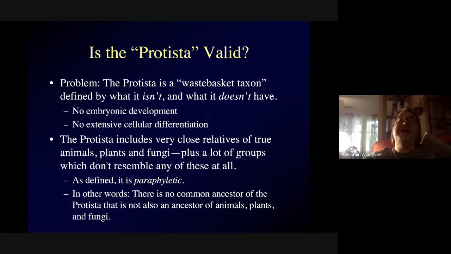And the protista, as it's been defined, includes organisms that are very closely related to true animals and true plants and true fungi, plus a lot of groups that aren't anywhere close to these and don't resemble them at all and don't even resemble each other very closely. And as we have protista defined, it's paraphyletic, meaning that the last common ancestor of everything that's put in the protista was also an ancestor of animals, plants, and fungi.